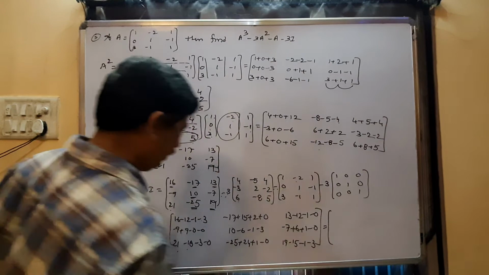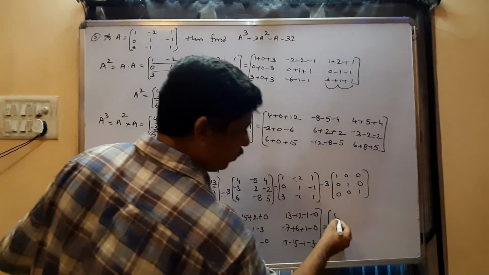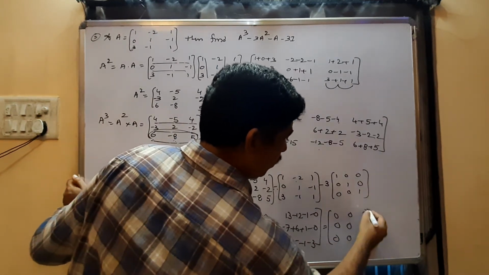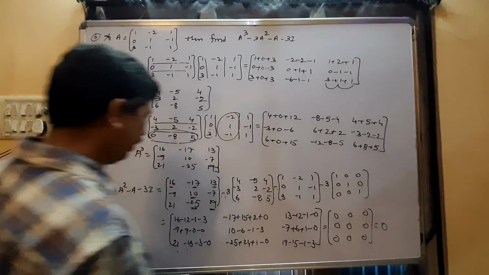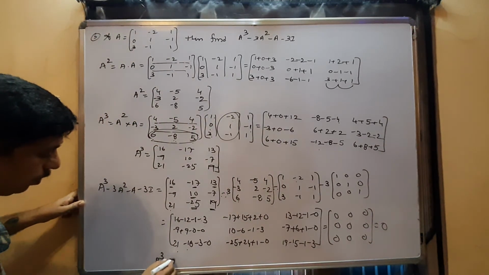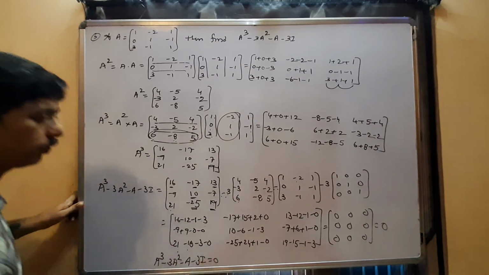So finally we get 16 minus 16, 0. Every element will be 0, 0, 0. So it is a null matrix. So finally, AQ: 3A square minus A minus 3I equal to 0.